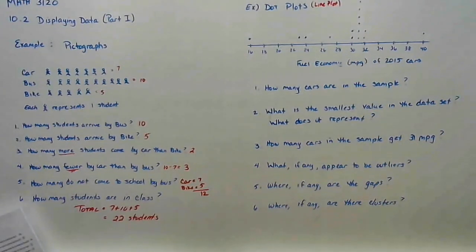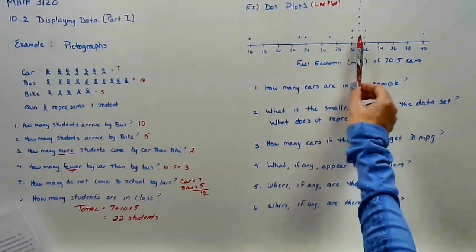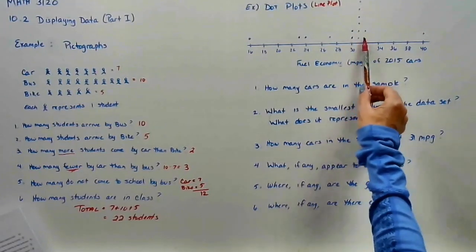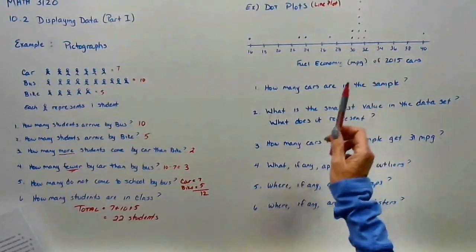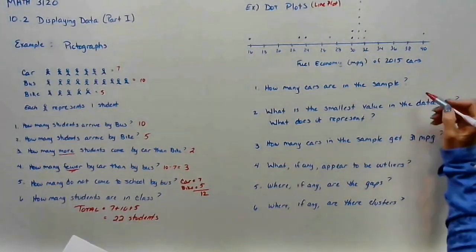So let's start off with how many cars are in the sample. Well, add up the data points. 1, 2, 3, 4, 5, 6, 7, 8, 9, 10, 11, 12, 13, 14, 15. So there are 16 in the sample.